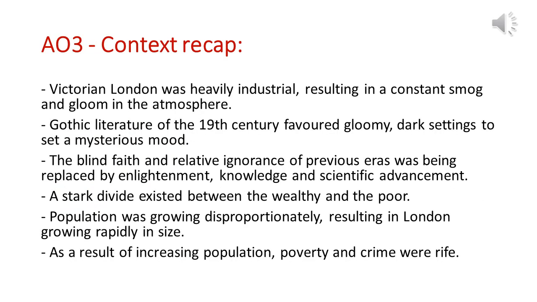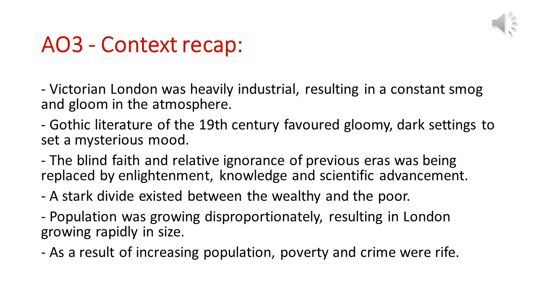I'm sure you can read through these points yourselves, but just to sum up the context that you would link to an essay on setting. Victorian London was heavily industrial, so we had this constant smog and gloom in the atmosphere, which we see in the novella. Second, Gothic literature of the 19th century did favour these gloomy and dark settings to set a mysterious mood.